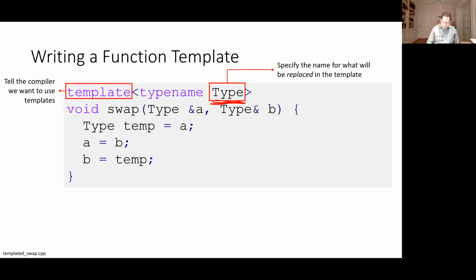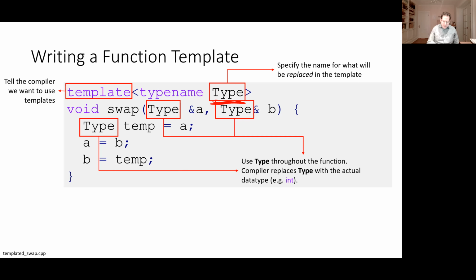And now in the actual function, wherever I used to use int or double, I now use this name. I declared this name type, and I can use it as essentially a placeholder. It's like some type. I don't know what it is yet, right? It works for all sorts of different types. I need to give it a name so I can refer to it in the code. So I've chosen to call this type. I don't have to call it type. I could have called it something else. So everything in purple is a keyword. You have to use those exact words.